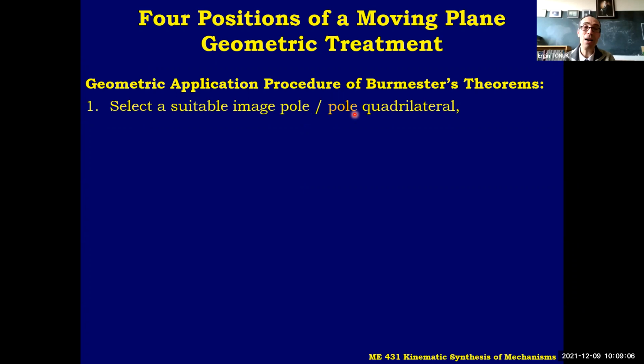So they are nearly identical, as you might guess, because the theorems were nearly identical. One was using image pole quadrilateral, the other one was using pole quadrilateral, but I just shortened those.